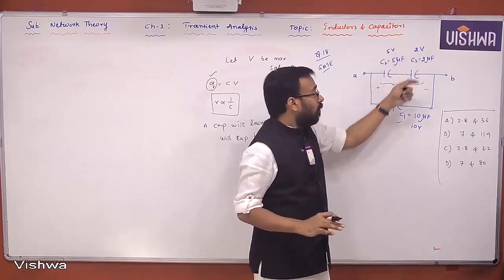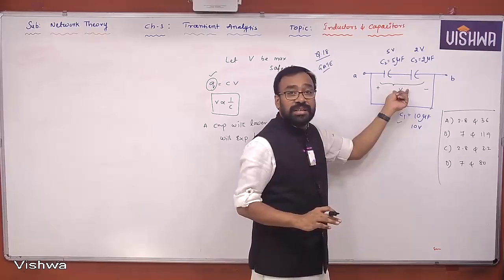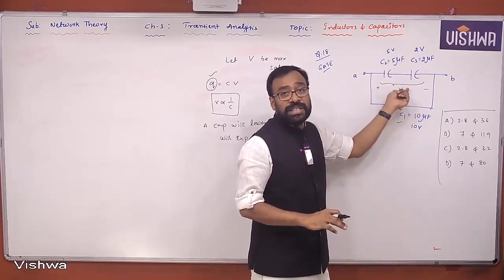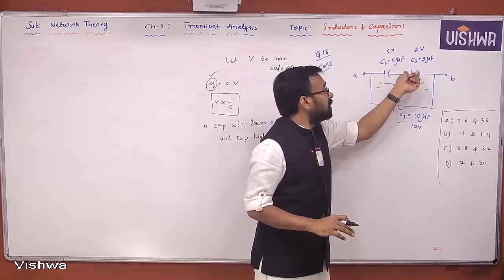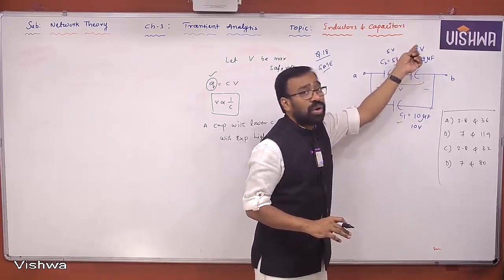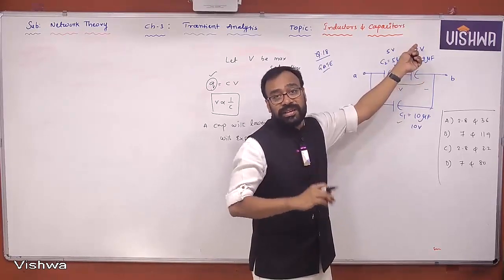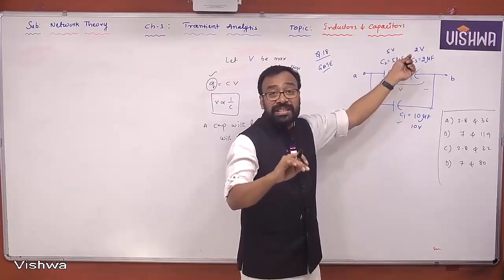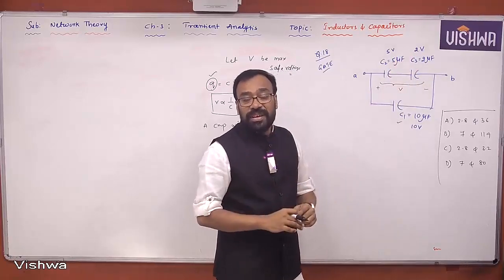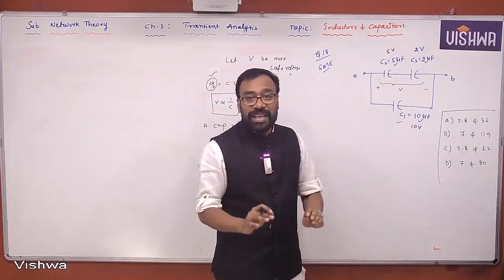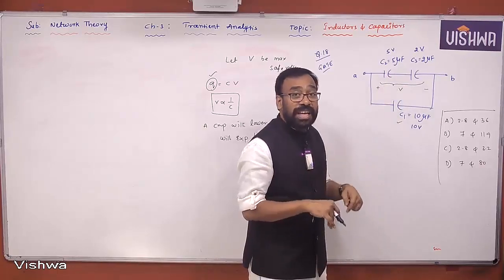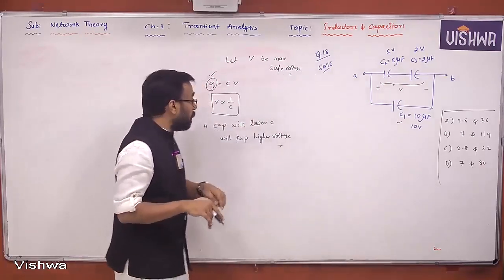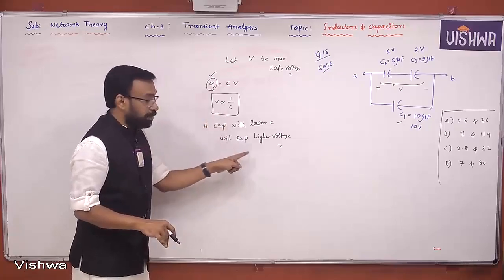That means whatever voltage you apply here, after division of the voltage, the voltage across this C3 should not exceed this 2 volts here. I hope you understand the logic. See, when the two capacitors are connected in series, I'm worrying about the capacitor which offers a lower capacitance, according to this concept.